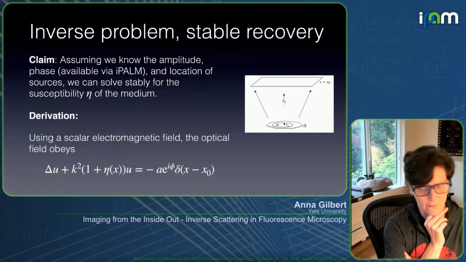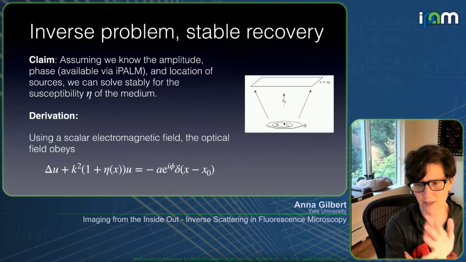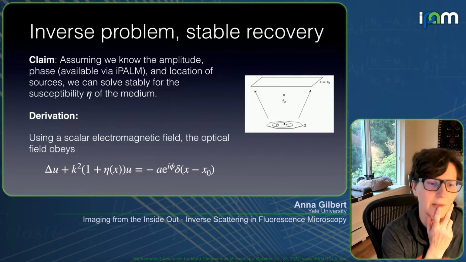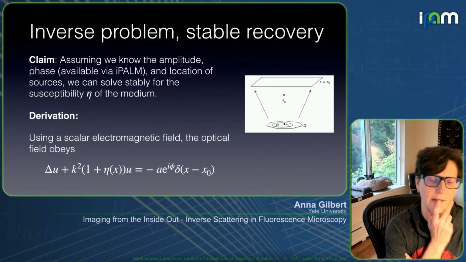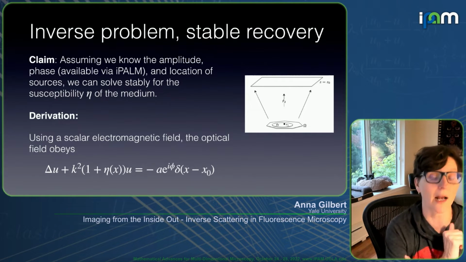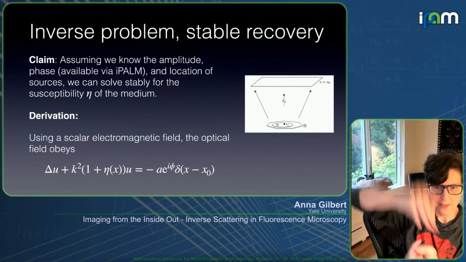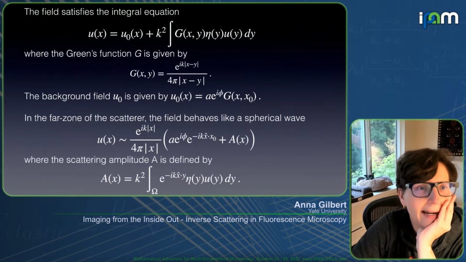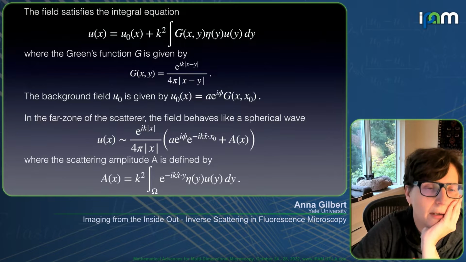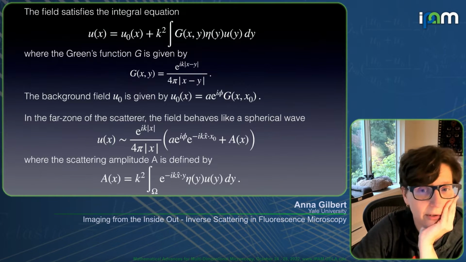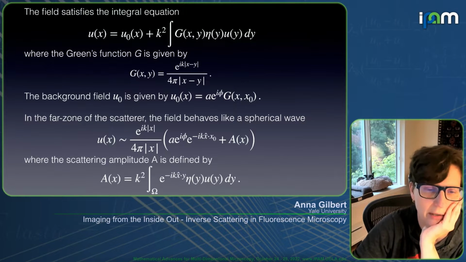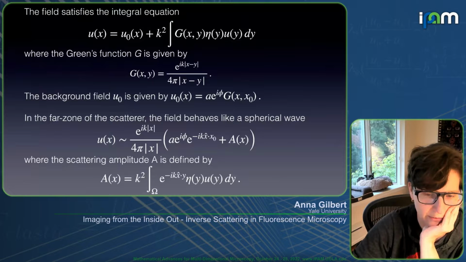So we're just going to do a 1D derivation here. And we're going to assume that the electromagnetic field is scalar, and then we can derive the optical field that is emanating from these sources. We can determine that the field is given by this integral equation where the Green's function is known, and we have the background field, of course.